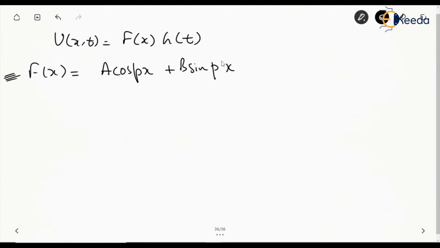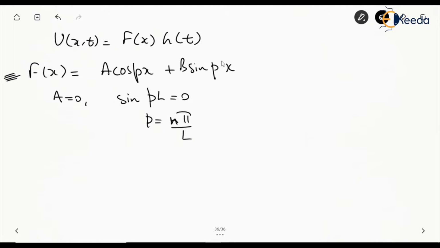Now for this function, f of 0 equal to 0 and f of L equal to 0, what we will get is a equal to 0 and sin pL equal to 0. This sin pL equal to 0 comes when p is n times pi by L. This is the only case when we can get such values.